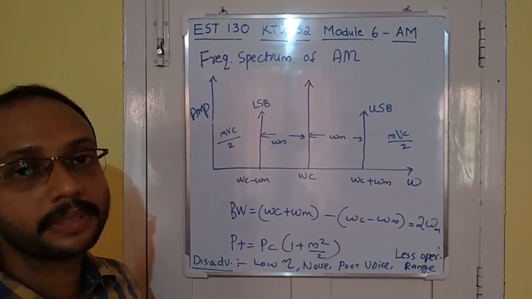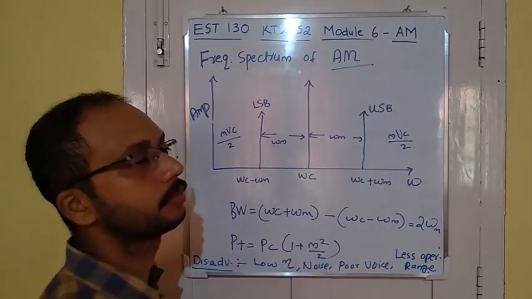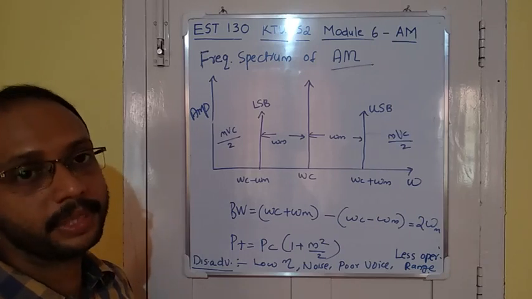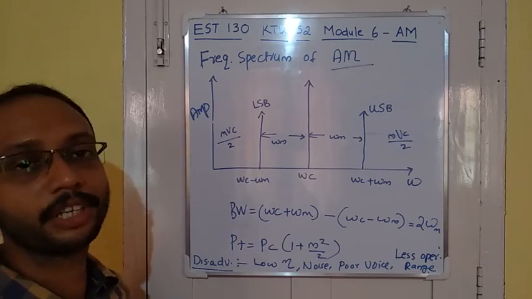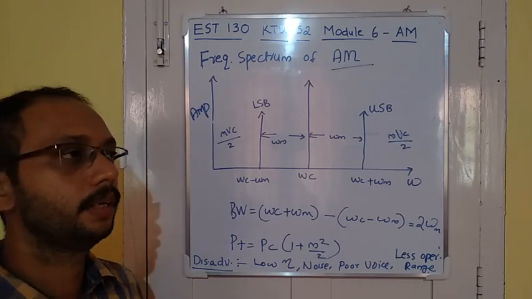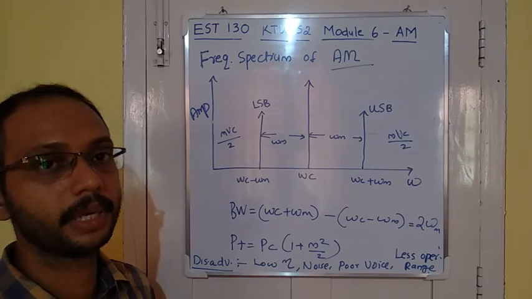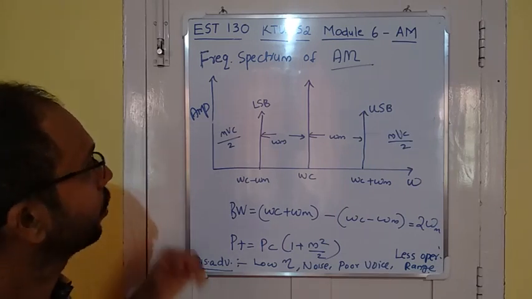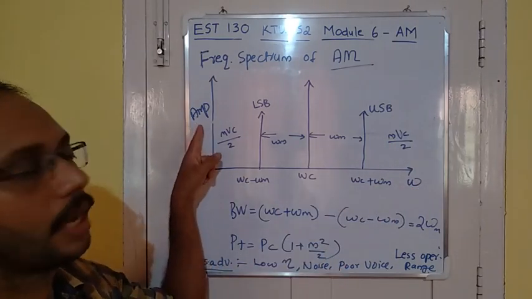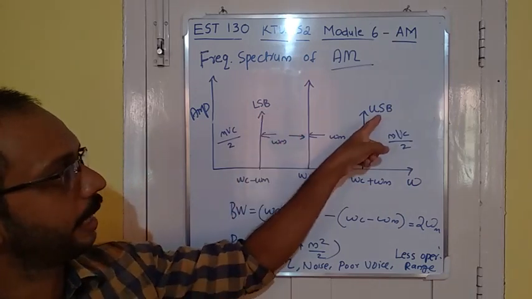This diagram represents the frequency spectrum of the AM signal. So, from the previous session, we have understood the basic equation for the AM signal, and the equation contains the lower sideband, upper sideband, etc. In this frequency spectrum, that is omega versus amplitude spectrum, we can see the lower sideband and upper sideband.